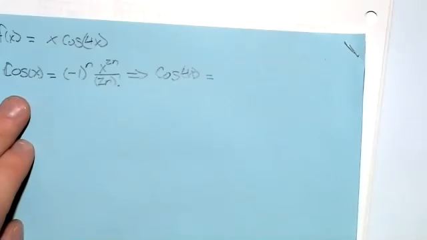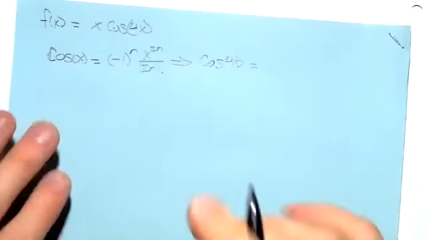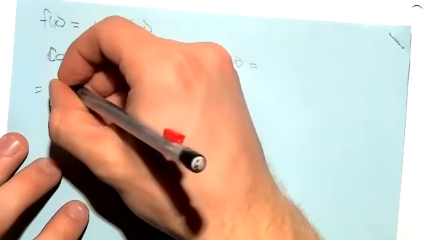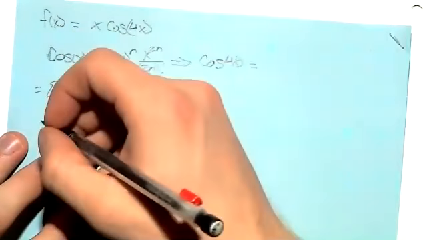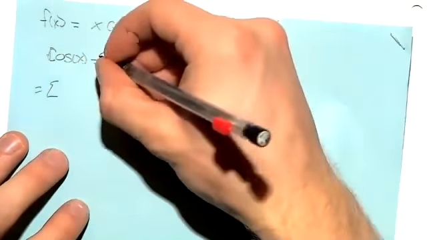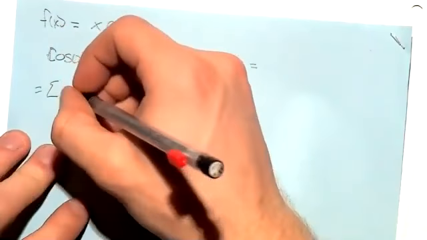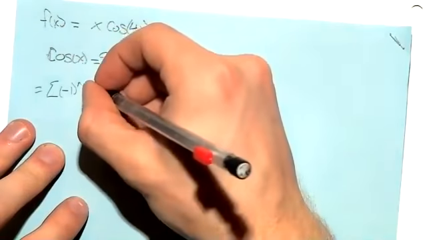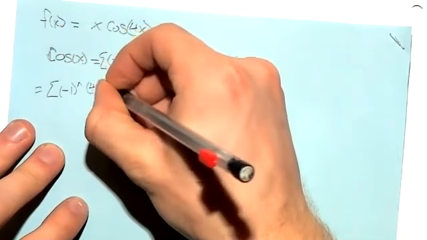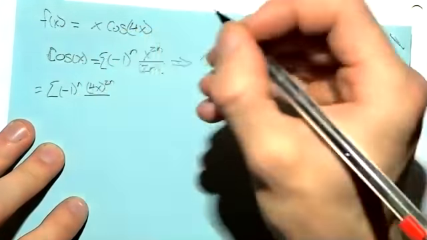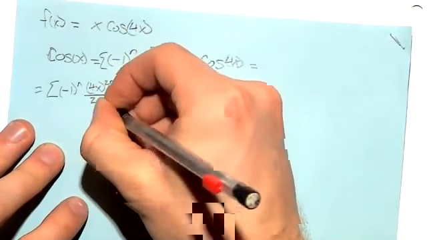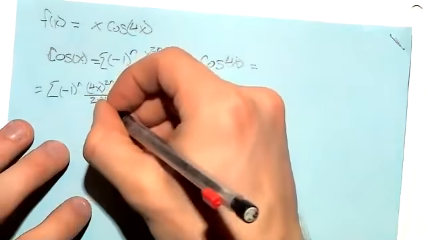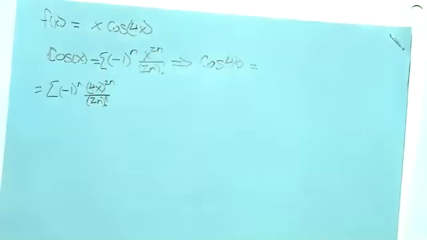So we do that real quick. We're going to have, and I'm going to write it right below here, equals summation of -1 to the n times 4x to the 2n divided by 2n factorial. And that needs to be in parentheses like that.